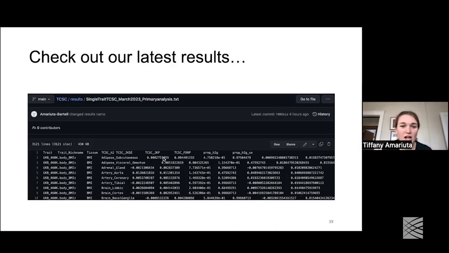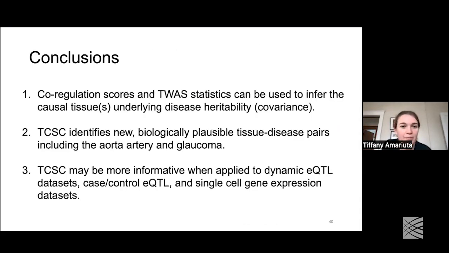All right, so you can also download just a table of all of the results across all of the 78 traits that we analyzed and those 39 GTEx tissues. So just in conclusion, I've talked today a lot about how co-regulation scores and TWAS statistics can be used to infer putatively causal tissues underlying disease heritability in the single trait analysis or disease covariance in the cross-trait analysis.